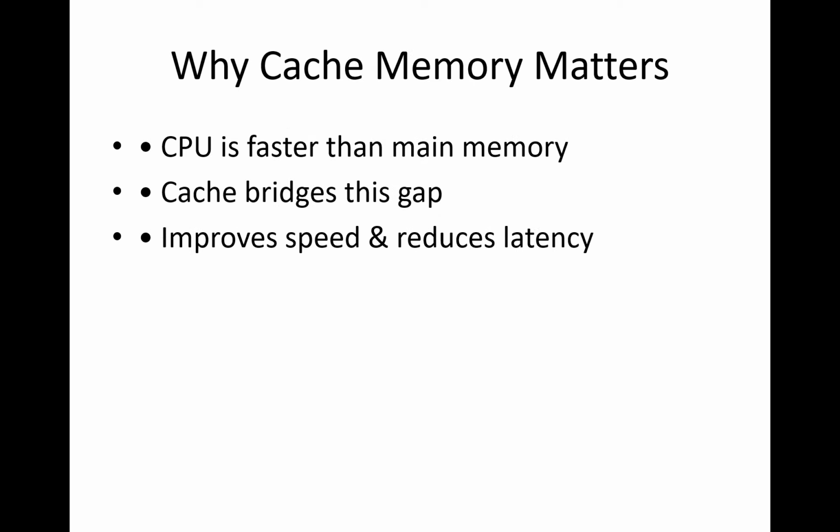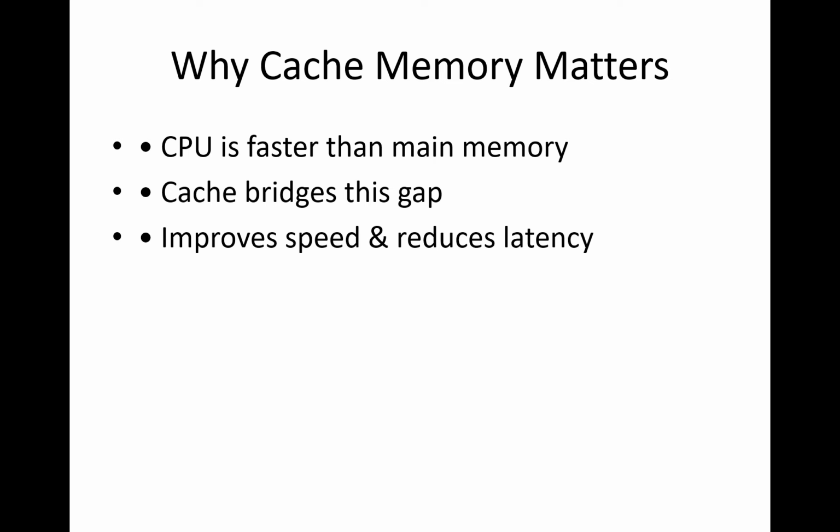So why does cache memory matter? Your CPU processes instructions at a very high speed, but RAM is much slower in comparison. Without cache memory, the CPU would spend more time waiting than working. Caching minimizes the gap by storing recent or frequently used instructions or data closer to the CPU.